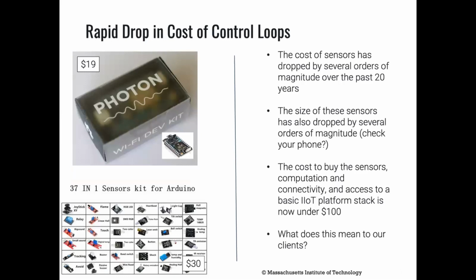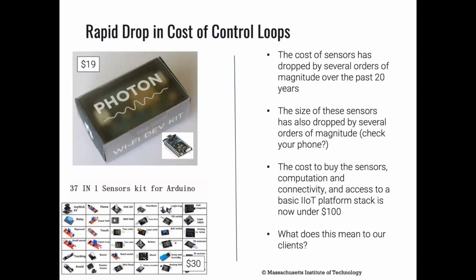What's driving this? Well, there's a rapid drop in the cost to implement a control loop. And anyone who has access to Amazon can essentially, for less than $100, buy a computer chip and a set of sensors and can wire up a feedback loop in real time to the internet in about 15 to 20 minutes.